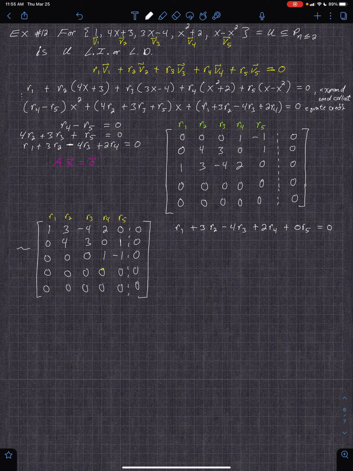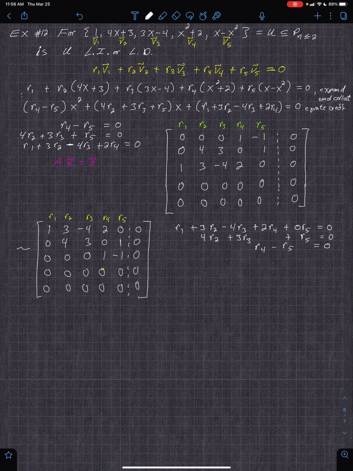And then we have 4R2 plus 3R3 plus R5 equal to 0, which is 1. That's the mistake I made. And then we have R4 minus R5 equal to 0. And this, well, yeah, that was a 0.